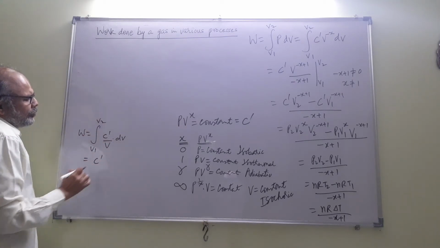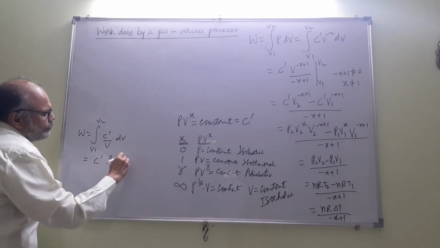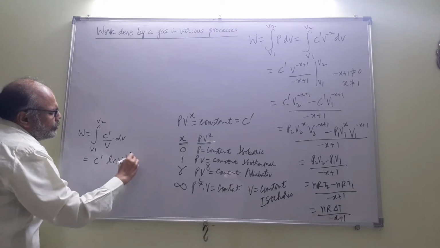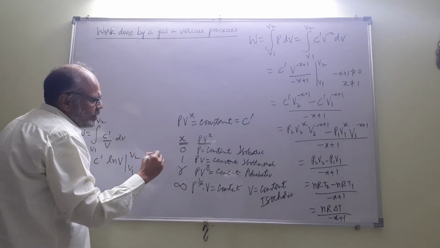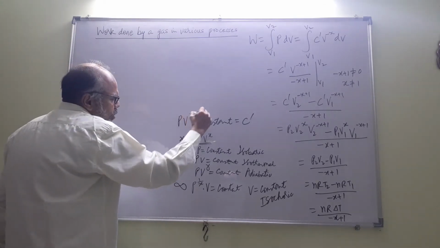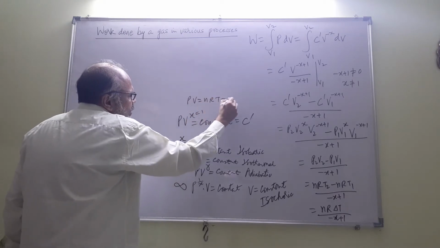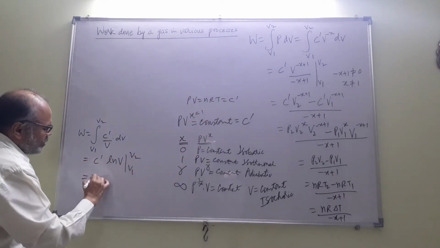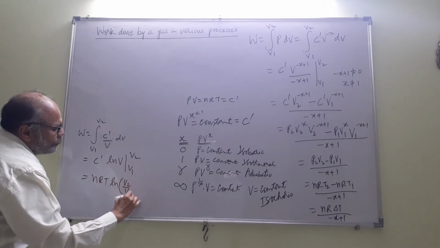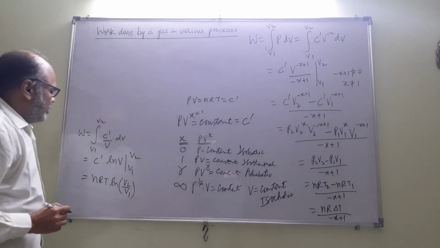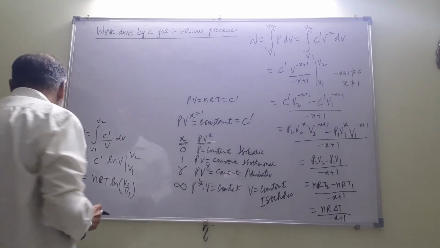Integral of dV by V is ln V, from V1 to V2. C dash, the constant, is nothing but nRT. When you put X equal to 1, PV equals constant, and using PV equals nRT, the nRT becomes the constant C dash. So you will have nRT ln of V2 by V1. That will be the work in the isothermal process.